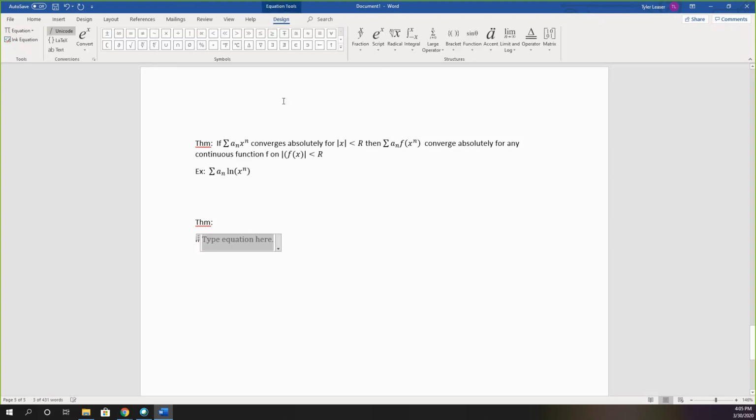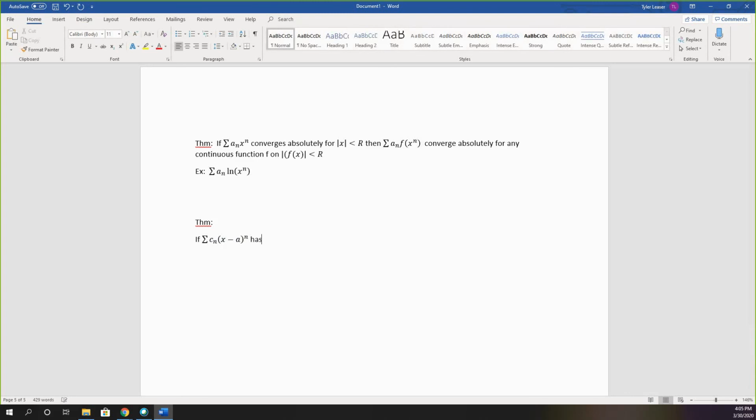Okay, some other theorems that are really important is this one. Again, if you have some power series, this one we won't have centered at 0. This one will be centered at a. So if you have a power series that is centered at a, and let's say this has a radius of convergence that is just some positive number, then it defines a function.